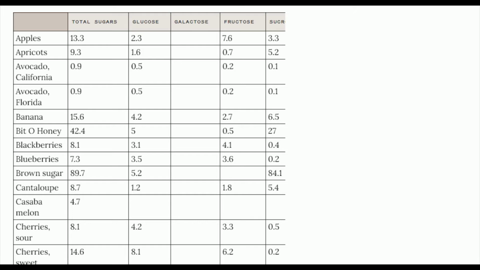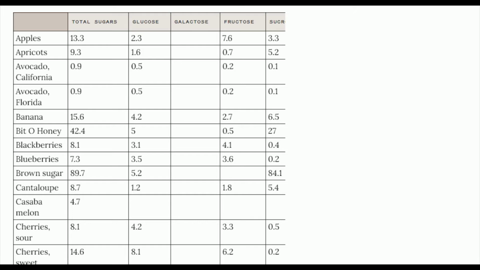You can very easily search on Google, insert fruit, sugar composition, and get articles or even scientific papers.